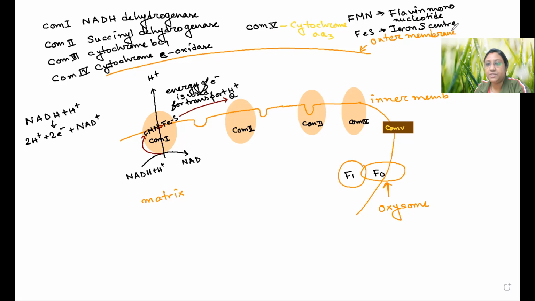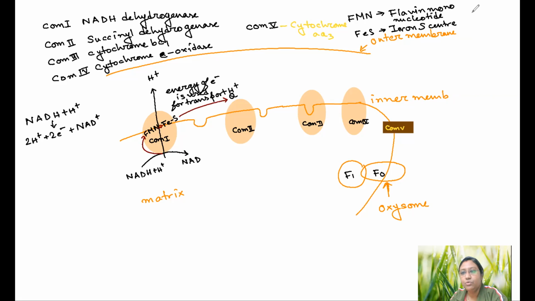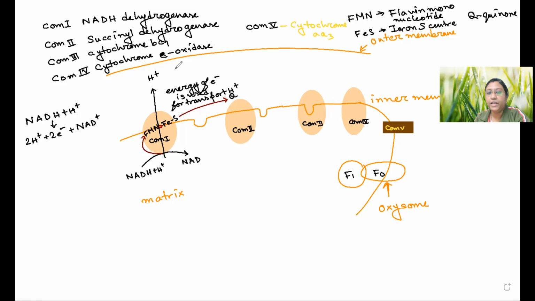So I am just writing about Q. Q is known as quinone. The full form of Q is quinone. It is also a kind of electron transporting system. Okay.